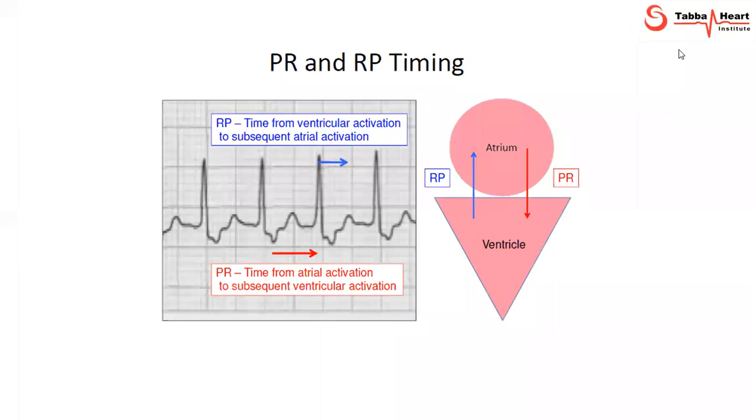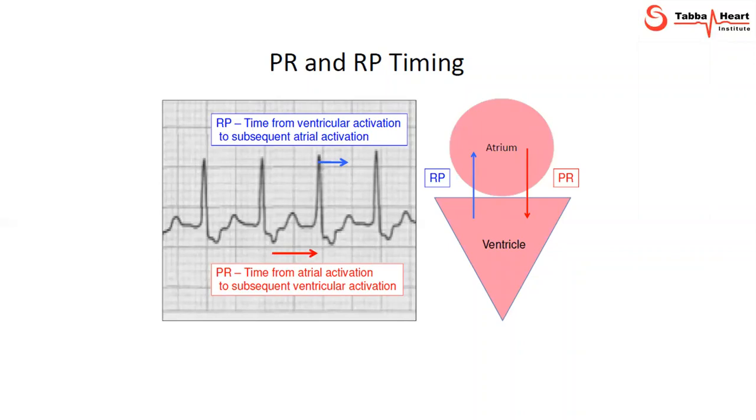How do you measure PR and RP? So PR, P to R, is atrium to the ventricle, and RP is ventricle to the atrium. And this is a ratio. Is PR greater or is RP greater? There is no fixed number. There is a number that we say, 90 milliseconds or 70 milliseconds, to further differentiate AVNRT and AVRT, which may not be very important clinically when you're dealing with a patient in the emergency room.